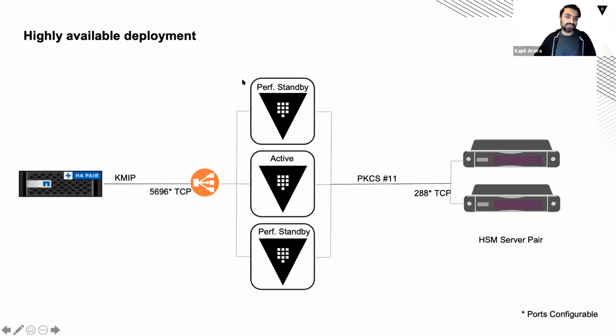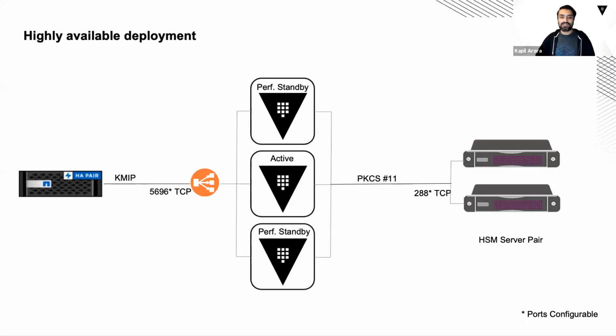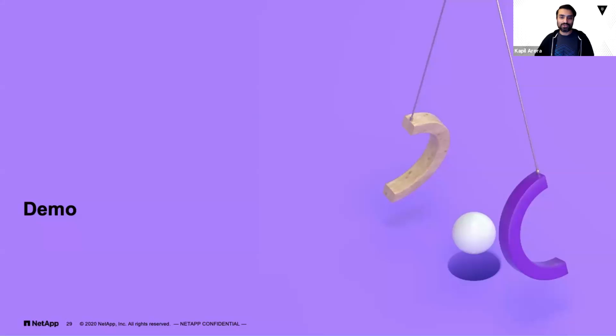So to avoid that, it is important that Vault supports an active environment where volumes can always be decrypted or created with encryption. Yeah, I think that's all I had about the integration. And now I will hand it over to David, and he's going to show us the demo.